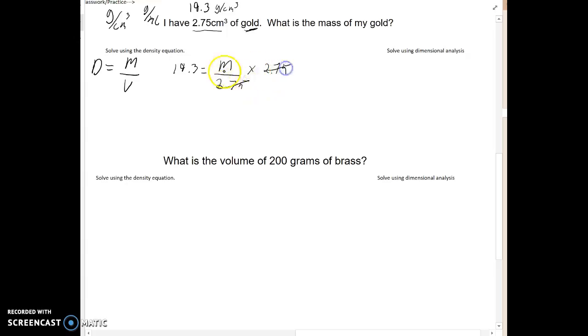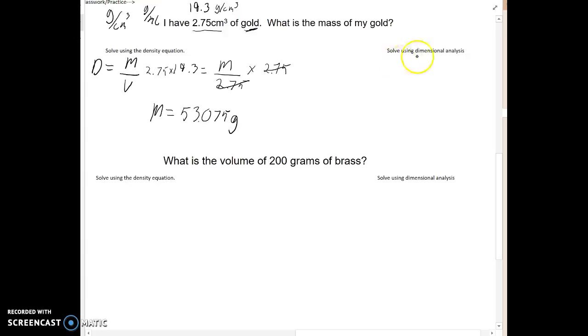Those cancel out. So M equals 2.75 times 19.3. And when I do my operation, M equals 53.075 grams. All right, so that's using the density equation.